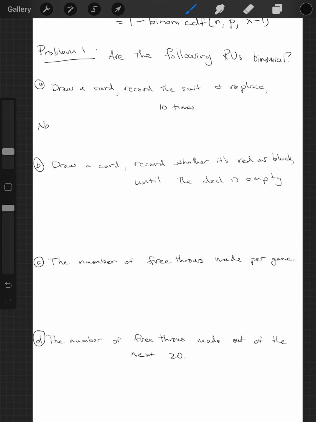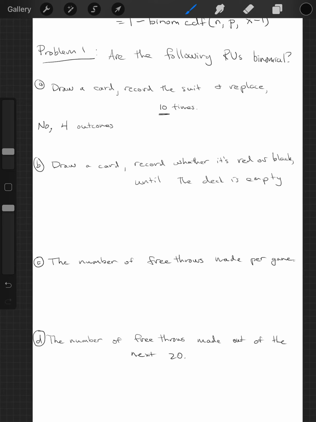So the first one is not a binomial distribution because there are 4 outcomes. It's a repeated trial. Drawing a card counts as a trial, and it's repeated n times, so that's fine.